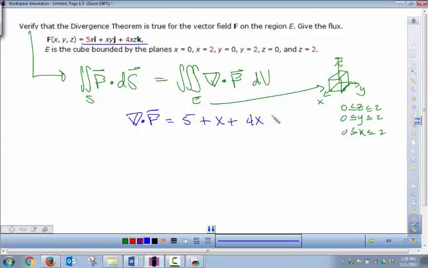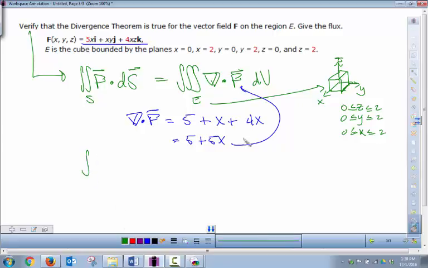So that's your div. Well, I think that simplifies to 5 plus 5x. And so that's what's going to go inside of our integral.